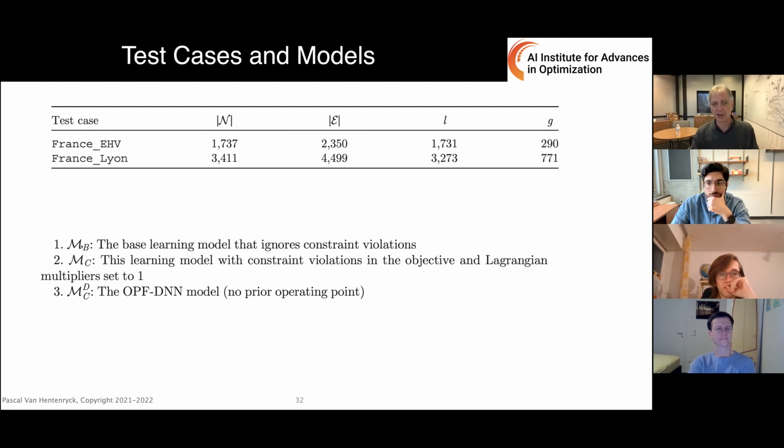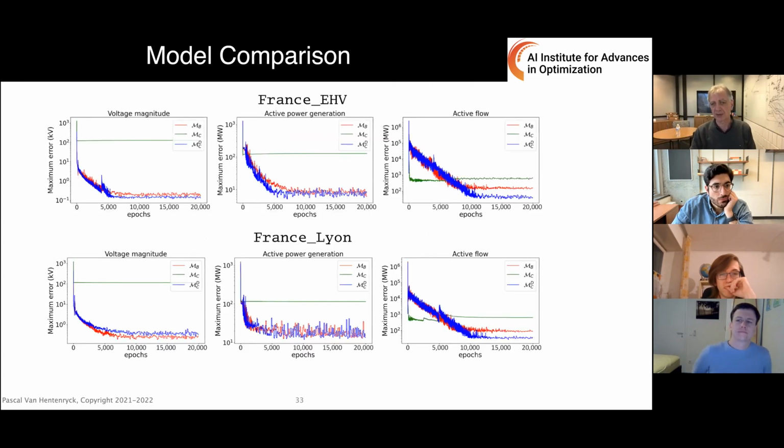They are basically comparing the vanilla neural net with the Lagrangian dual neural net, and then a neural net which uses fixed weights for the Lagrangian multipliers. And this is what you see here. You see that obviously the Lagrangian dual problem is converging much more nicely, especially for the active flows, which are critical for feasibility of the constraints.